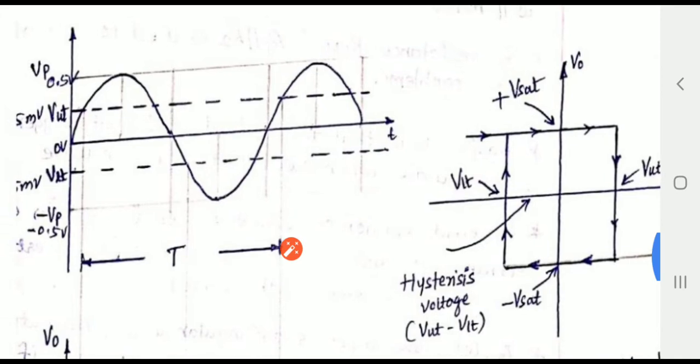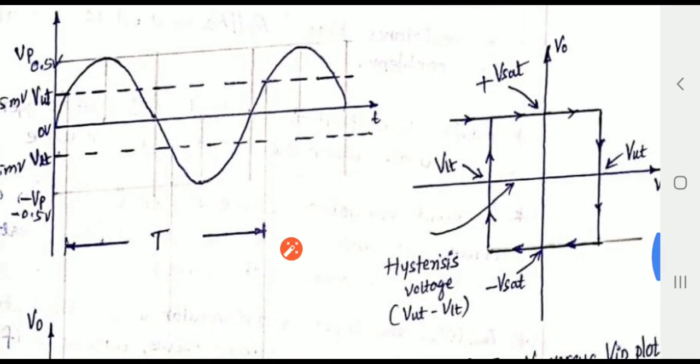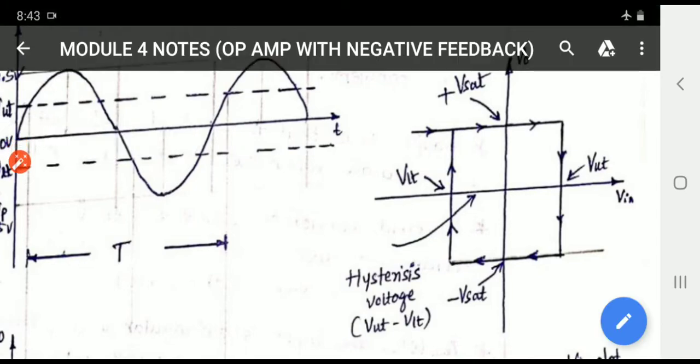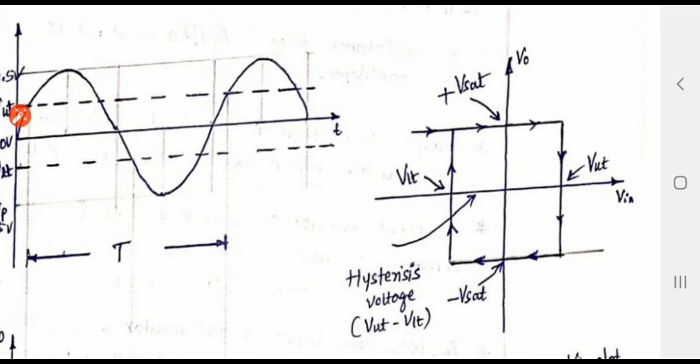This hysteresis curve depends on the input voltage. Assume that this is 0, this is V in, and this is V naught. Now V in is at 0, this part of the cycle, and we know that at this part of the cycle V naught is plus V saturation because it satisfies the condition that V in is less than VUT.